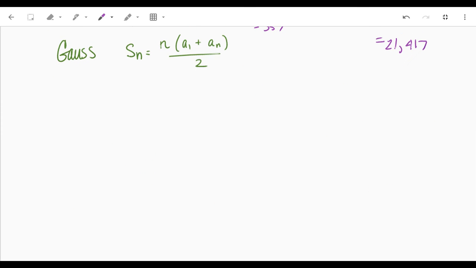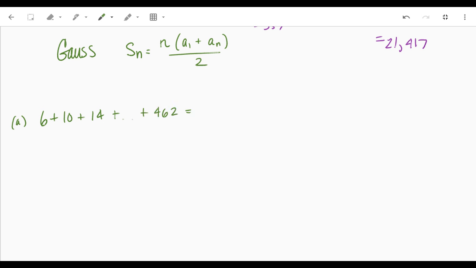Next they give you 6 plus 10 plus 14 plus ... to 462. And then they give you the summation from 1 to 96 of negative 5j minus 4.